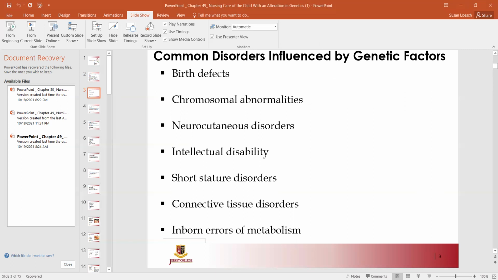Also, intellectual disabilities, short stature disorders, connective tissue disorders, and inborn errors of metabolism. Genetic disorders can present at any age, but the most obvious and severe disorders are present in childhood. Let's just talk a little bit about the different abnormalities before we move on.